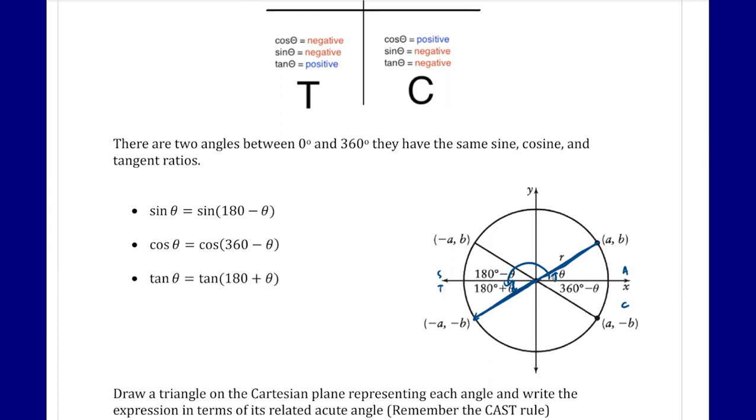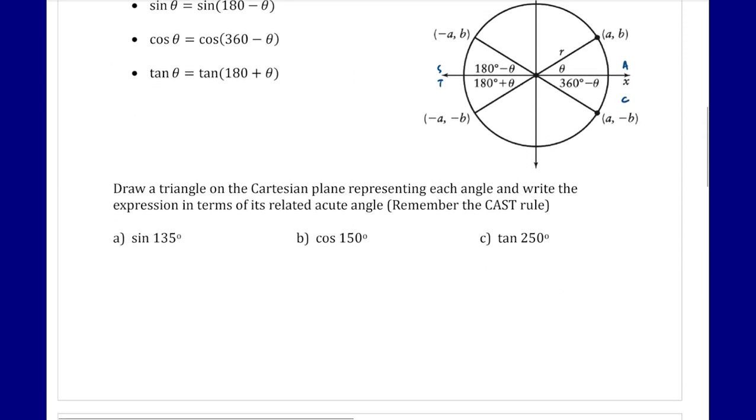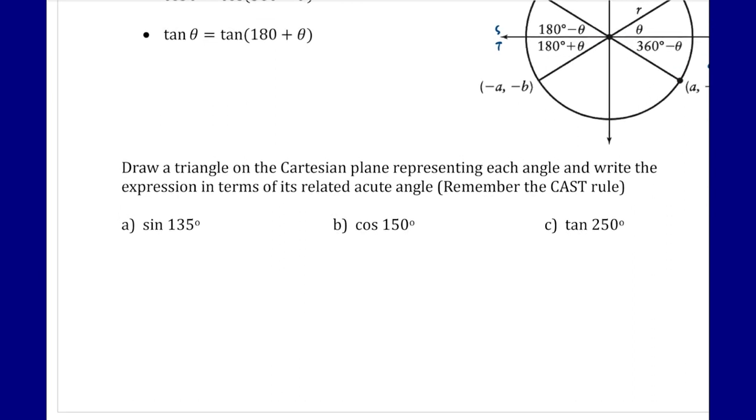So we're going to work through a couple questions to help us find the angles that may give us the same ratio. What we want to do first is draw the angle on the Cartesian plane, representing each angle, and then come up with the expression in terms of its related acute angle.